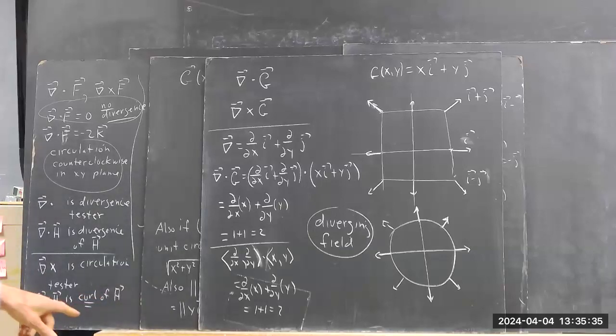Now we don't use circulation, we use the word curl. The curl is a measure of circulation.